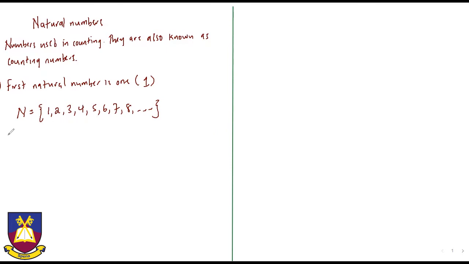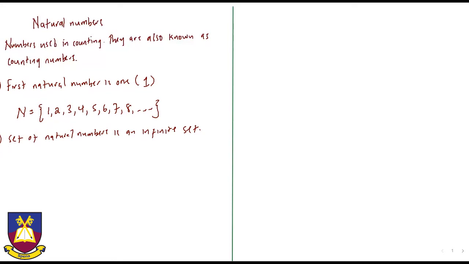The elements are uncountable, and that's what we call an infinite set. So we could say that the set of natural numbers is an infinite set. In other words, it has an uncountable number of elements.